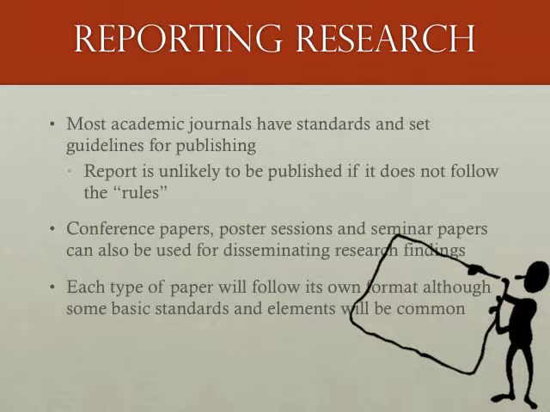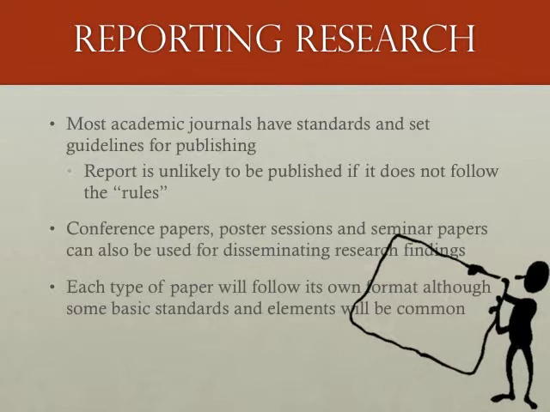When you go to report your research, a lot of academic journals have certain guidelines that you can download that will give you an idea of the way that they want things reported. It creates a lot of trouble, and it can reduce the likelihood of you getting published if you're not going to follow their rules.